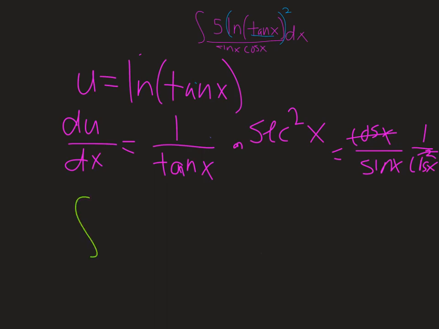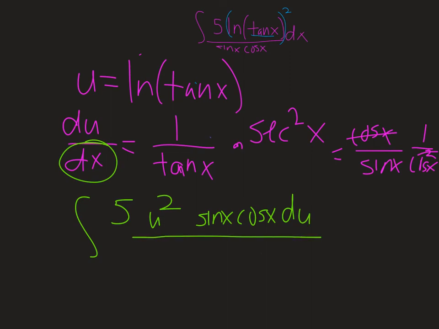So let's replace 5. The natural log of the tangent x is now u squared. Dx I didn't solve for, but if you multiply that over, dx is going to be du over sine x cosine x. Now I can cross this out. Ooh, this is where I was before, but this seems easier.